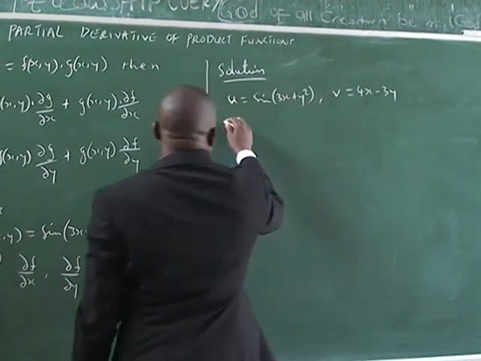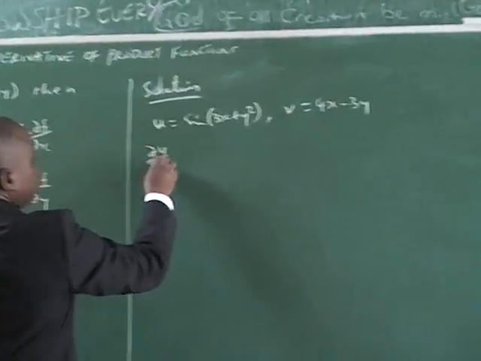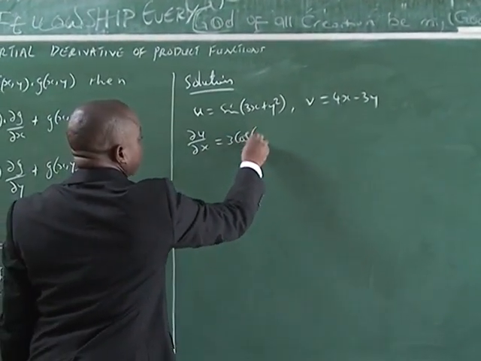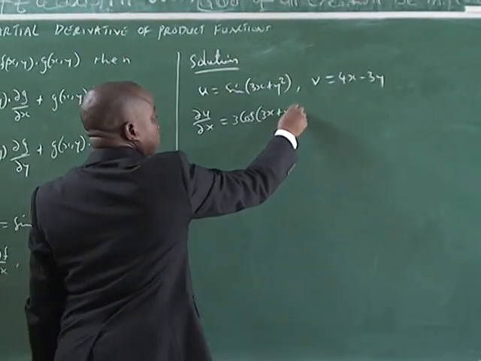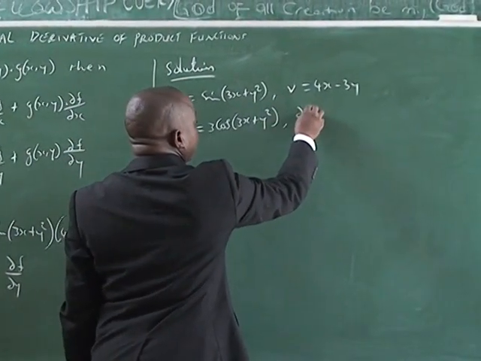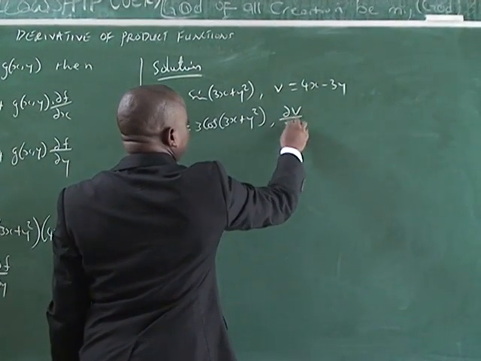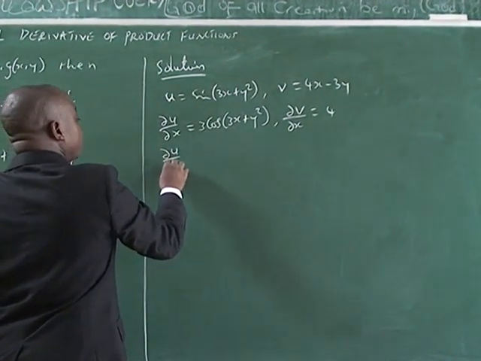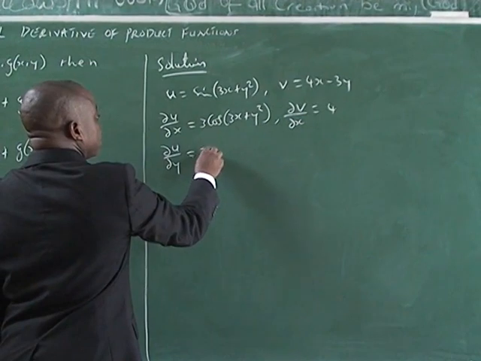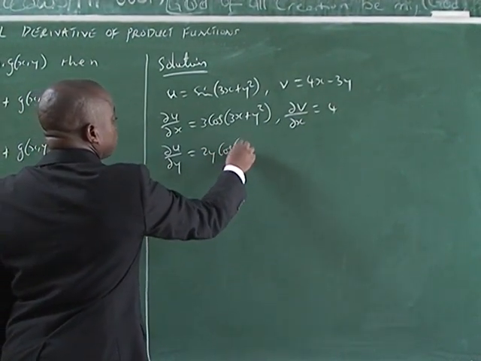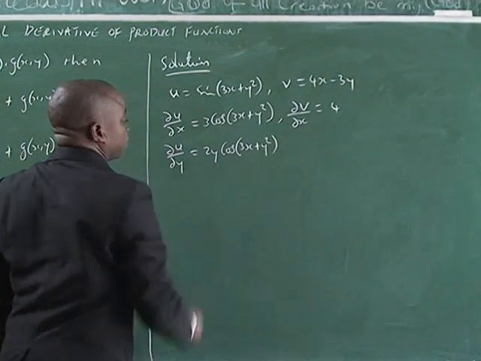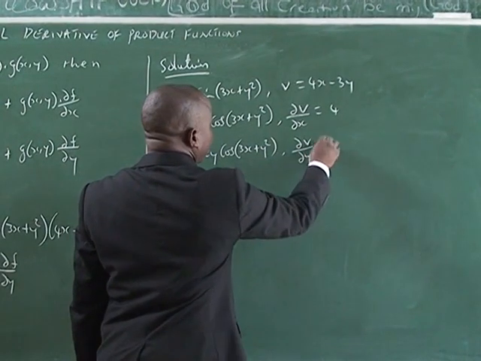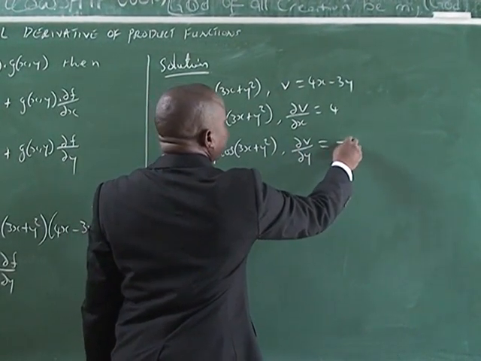So partial u partial x is equal 3 cos 3x plus y squared. Then partial v partial x is equal 4. Partial u partial y is 2y cos 3x plus y squared. Then partial v partial y is equal minus 3.